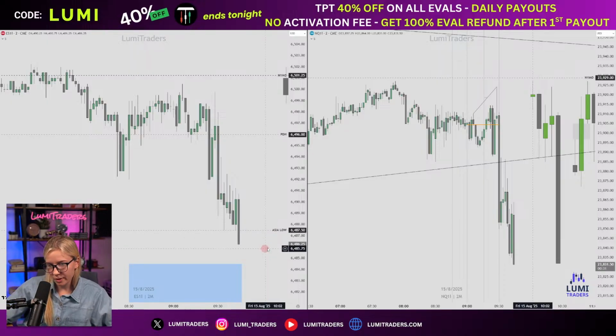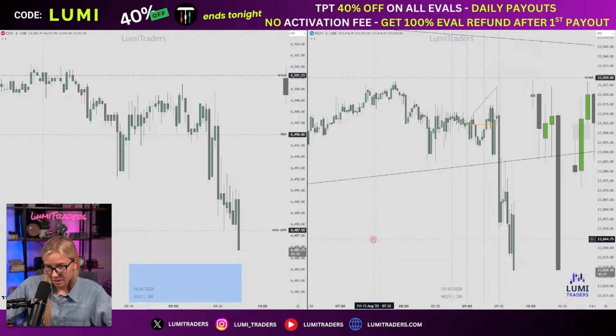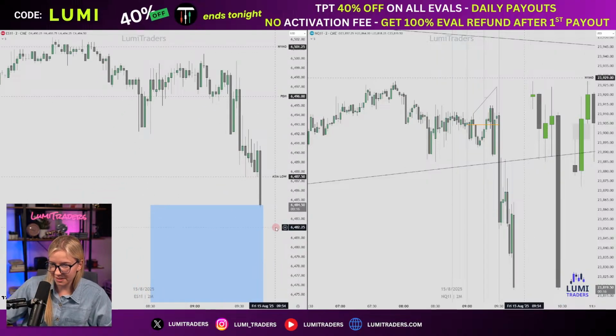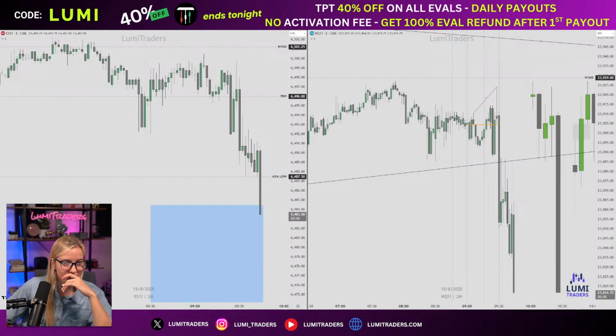Anyway, we don't have the entry model yet, but I do like how it is moving lower right now to take this TJF. I said before 64.84.50, slowly going. Okay, we have TJF on ES.